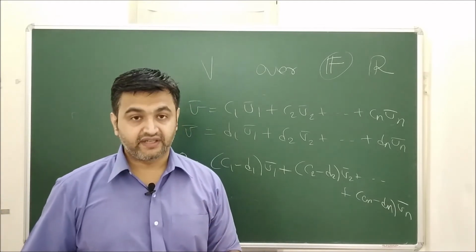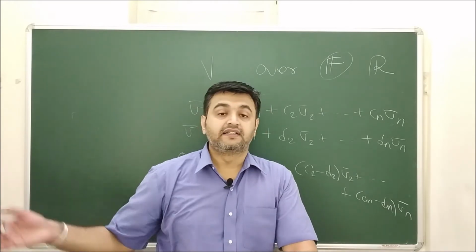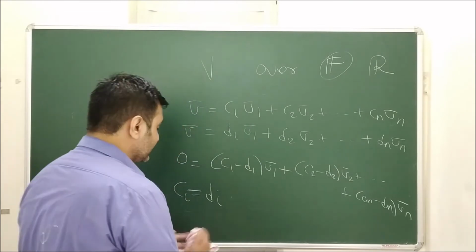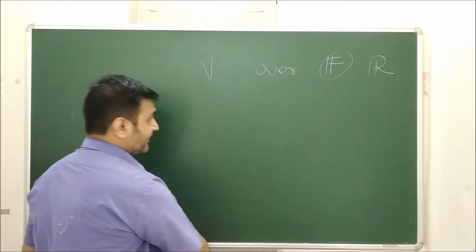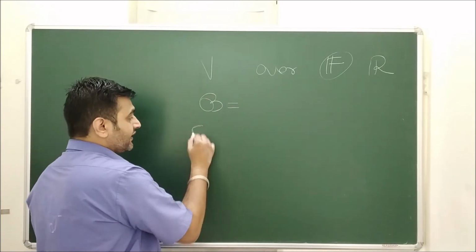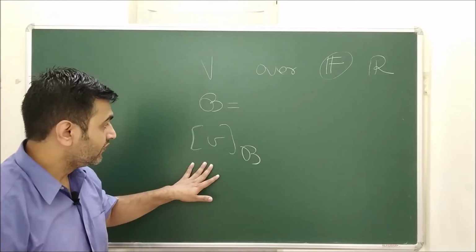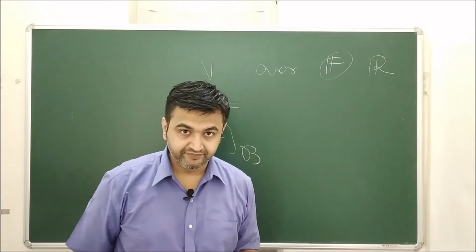So once you take a vector and write it as a linear combination of basis vectors, that is a unique combination. And therefore once you have a vector space V and the ordered basis, the order is fixed, then this is a well defined concept. Everyone will get the same coordinate vector.